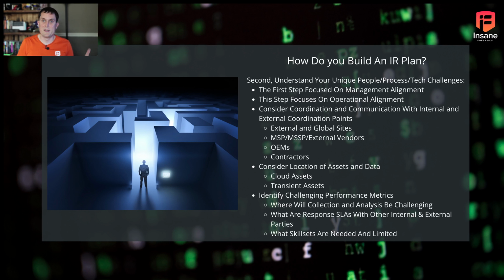If you have a manufacturing plant, you need someone that knows how to do forensics on programmable logic controllers. What event logs does this industrial software actually log into? Things like that, right, are very critical to understand, because when you're building your IR plan and you're saying, this is how our team's going to be structured and respond, those are very, very important considerations.